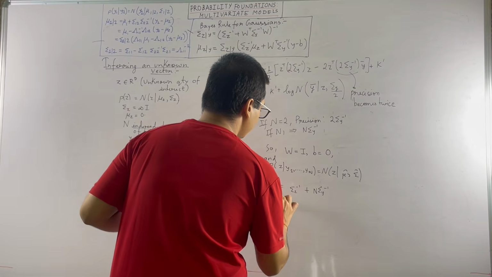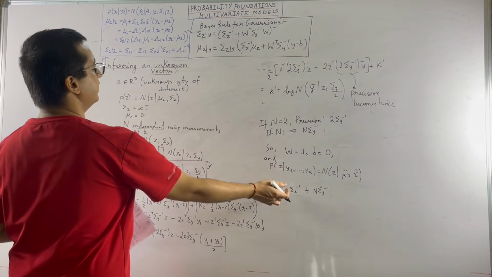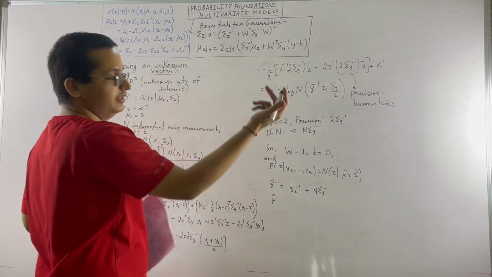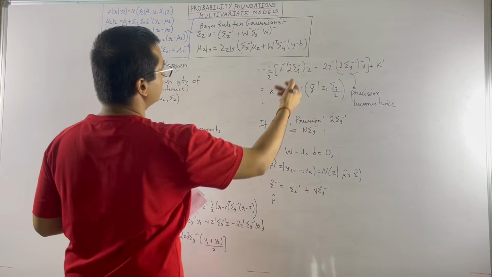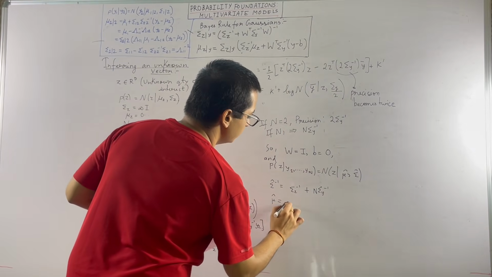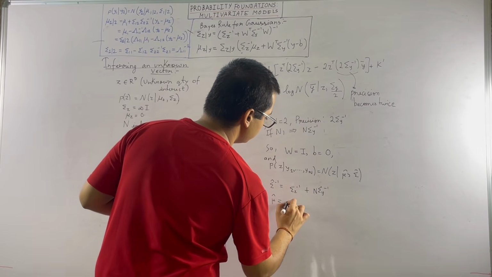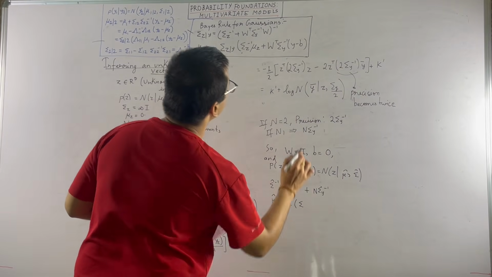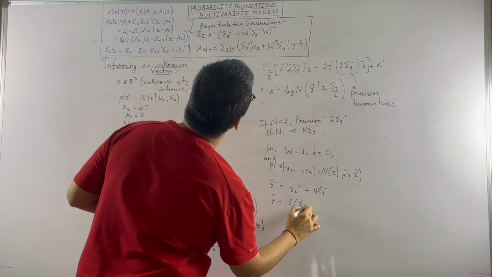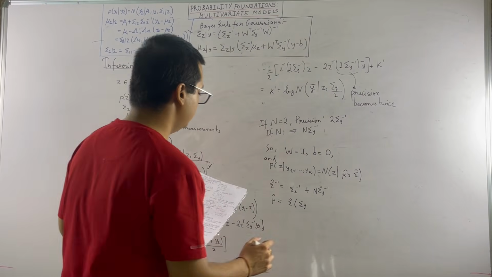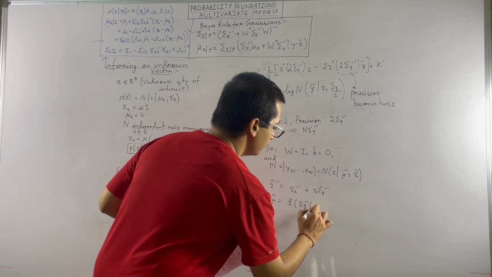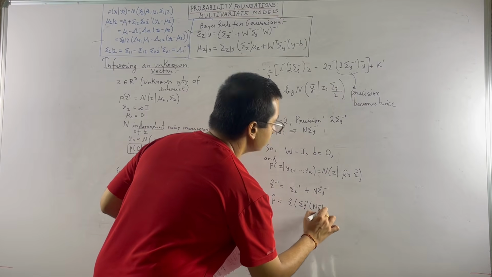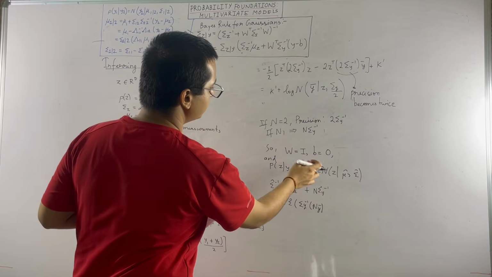And what is mu hat? It is nothing different. I'm just using these equations that I derived, and you just put W as I. So you get mu hat as sigma hat into sigma y inverse n y bar. Why do we get n y bar? Because W is identity.